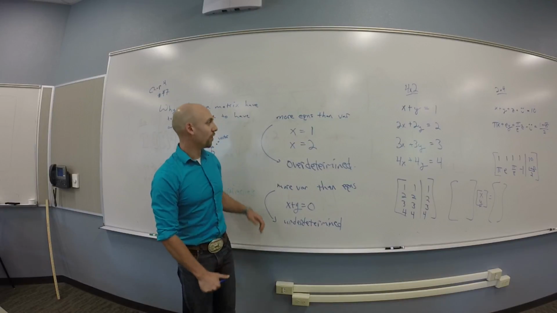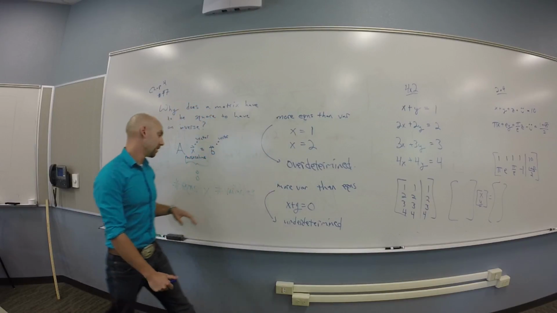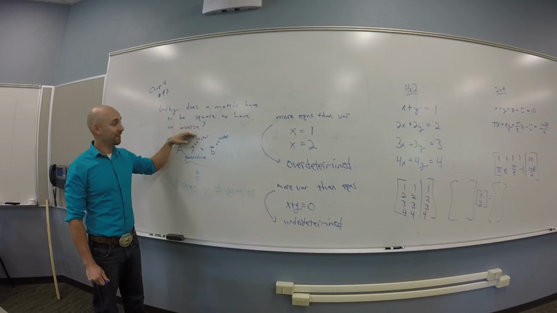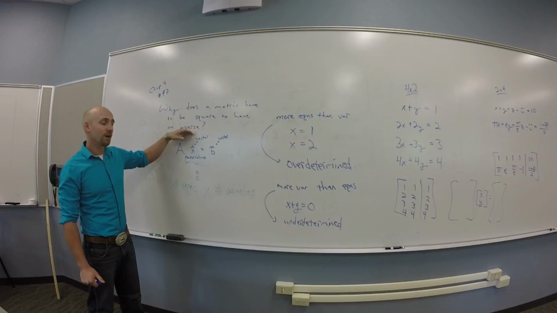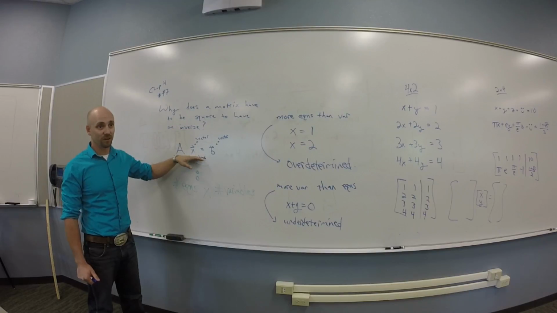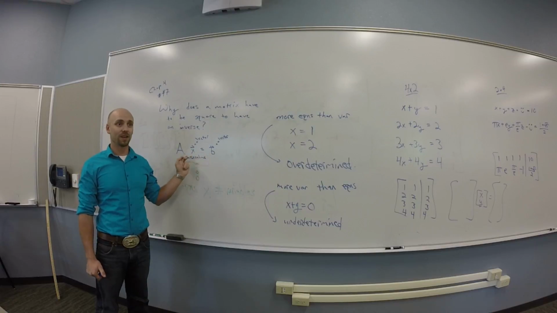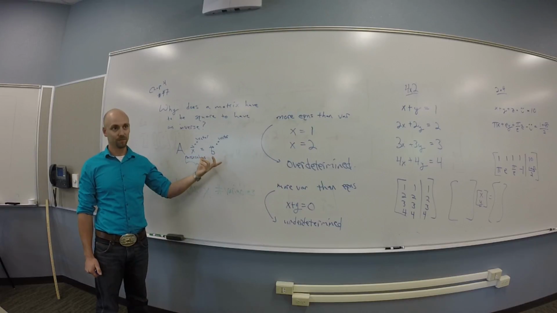So that's one thought. It has to be square to be invertible. Invertible really, in this case, is a byword for this system has a solution. You guys see that? If the matrix is invertible, I can just hit both sides with the inverse, and I'll get x equals whatever the answer is.